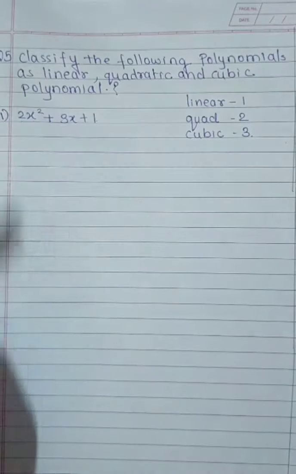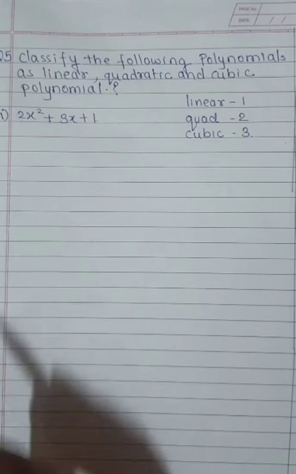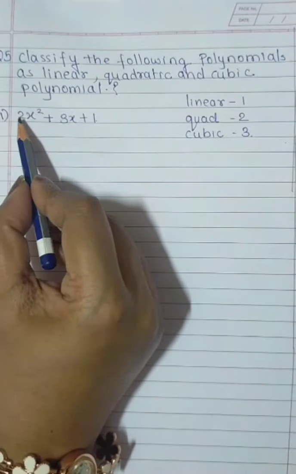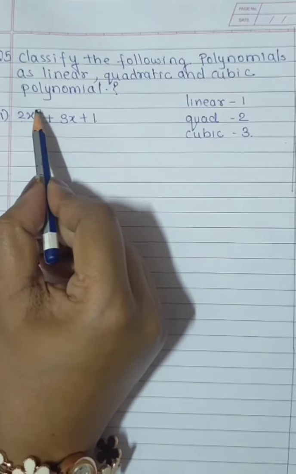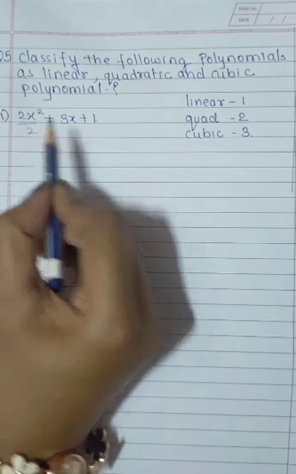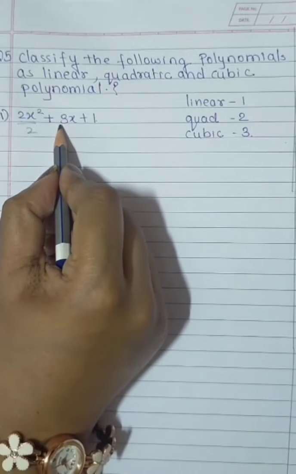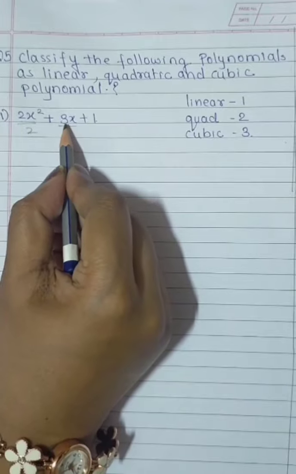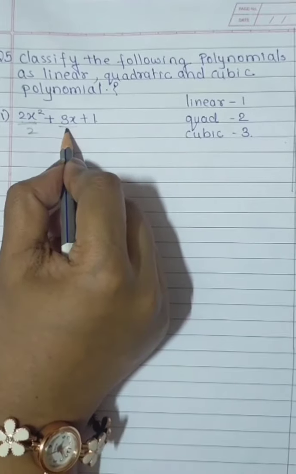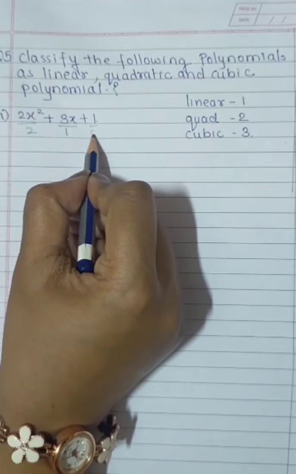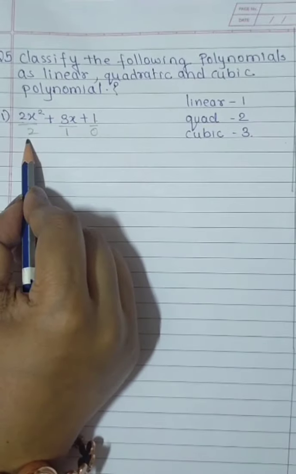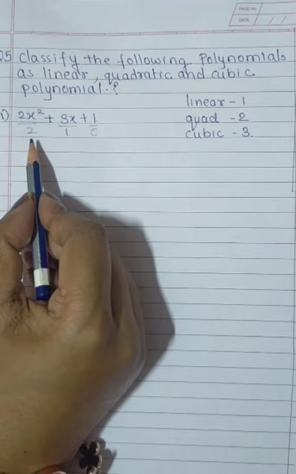Now here, as you can see, the term 2x square is given, so 2 is the degree. Here 2. Now here 3x with a variable means 1 as a degree. Here the coefficient number means 0 degree.